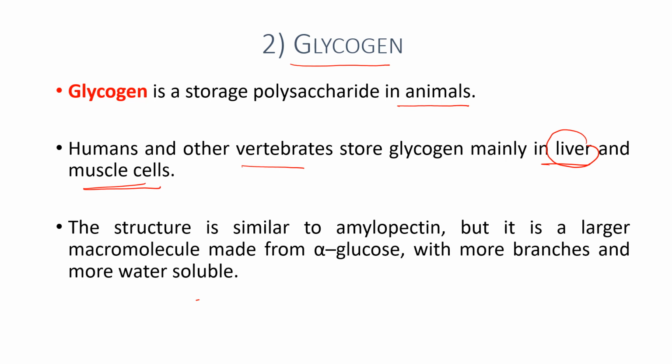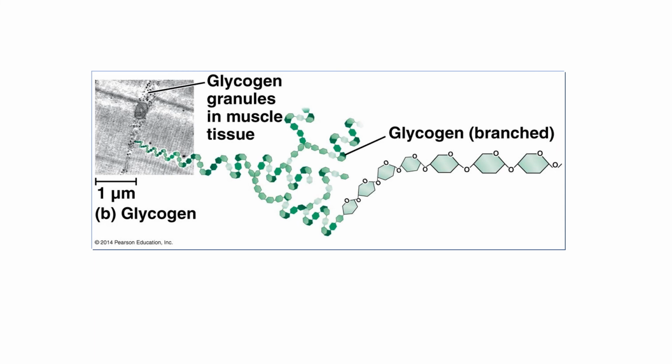The structure is similar to amylopectin, but it is a larger macromolecule made up of alpha glucose with more branches. Compared to amylopectin, glycogen has more branches, and it is more water soluble. So this is the structure of glycogen. Again, it is helical in shape.